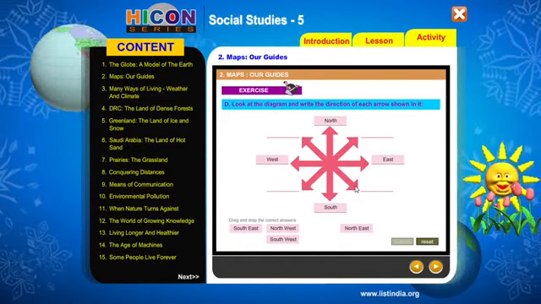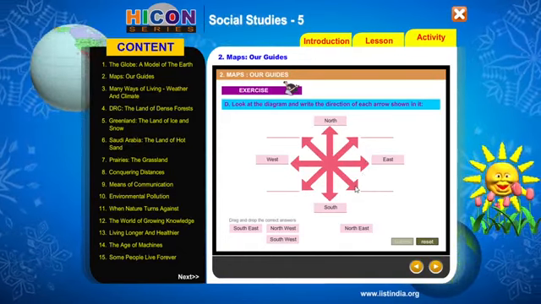Now the direction that lies in between north and east is the northeastern direction. The direction that lies in between south and east is the southeastern direction. The direction that is in between south and west is the southwestern direction, and the north and west is the northwestern direction, right?